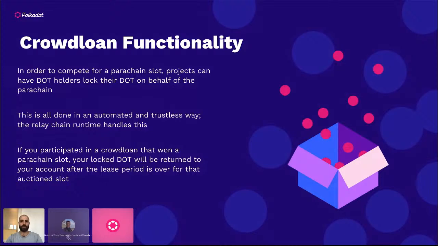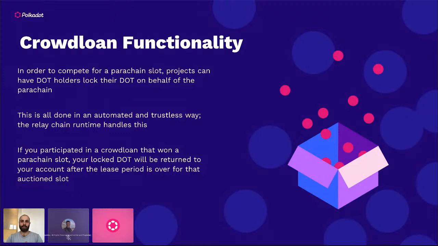Crowd loans are a way for fundraising. Parachain teams can run crowd loans in conjunction to the auctions that they're trying to win, where supporters of the parachains could also lock up their DOT in support of the parachain, and then that crowd loan value can be used to win auction slots.